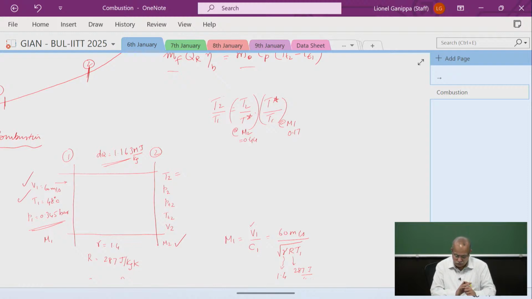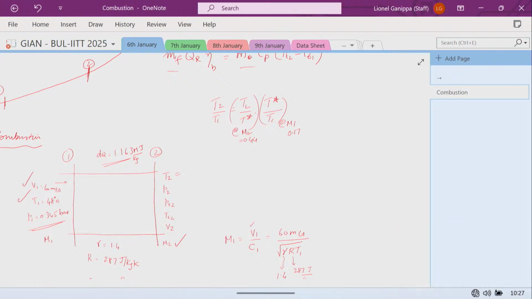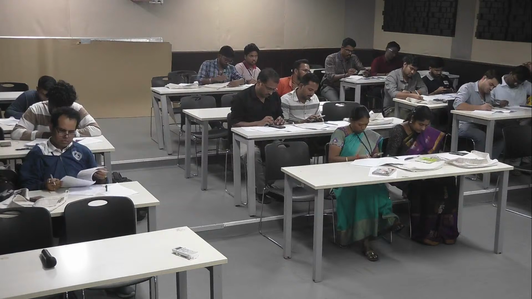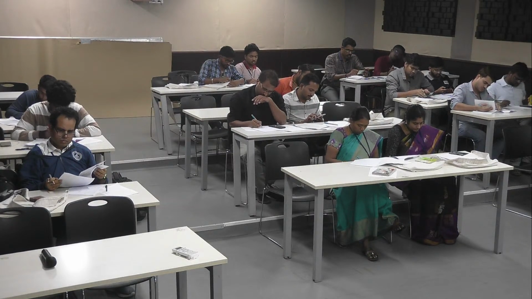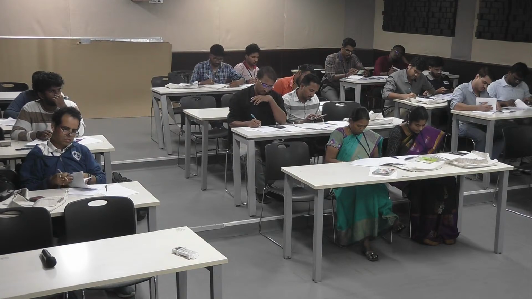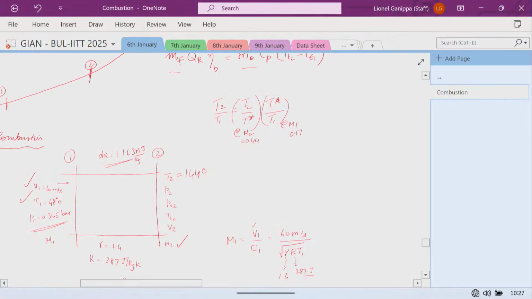What's the value for T2? Thousand. Is that what others are getting?